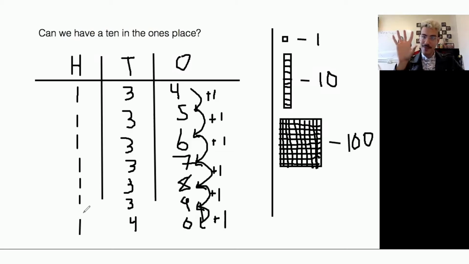I'm going to take the 10 ones and glue them together and make a 10. So since I had 3 tens, when I glued the 10 ones together, now I have 4 tens. And since I took those 10 ones and glued them together, I no longer have anything in the ones place. Because I have nothing in the ones place, I'm going to put a 0 over there, because that's what 0 stands for. Nada.